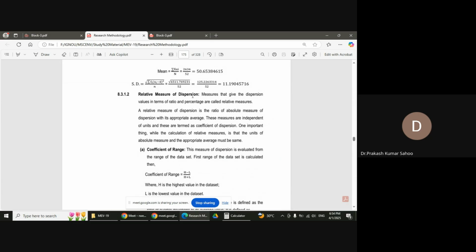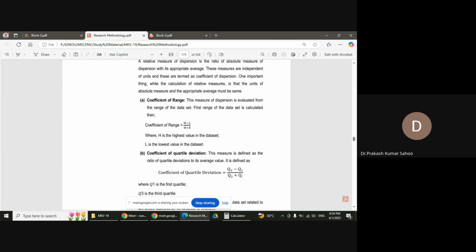Then a relative measure of dispersion, as already mentioned, is the coefficient of range. It is the highest value minus the lowest value divided by the highest value plus the lowest value. Previously I mentioned it wrongly, that the summation is the numerator and h minus l is the denominator.